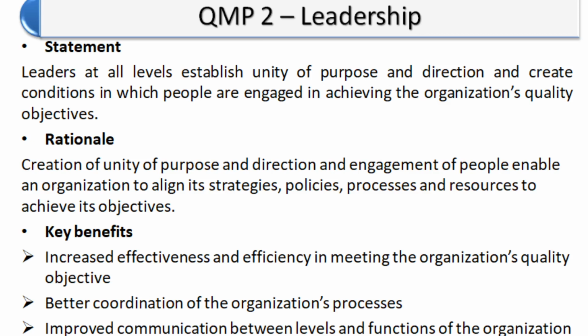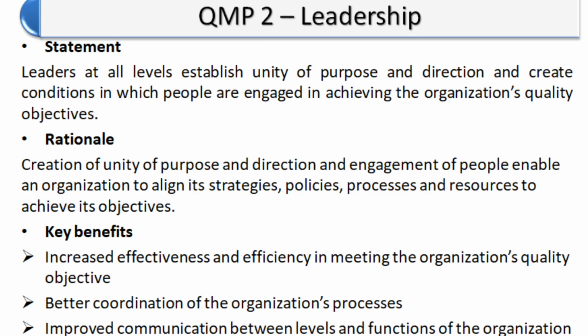So this unity of purpose you have to establish by engaging all the employees in an organization to have the quality objectives. It can be explained as follows: the creation of unity of purpose and direction and the engagement of the people will enable the organization to align its strategies, policies, processes, and also resources to achieve its objectives.